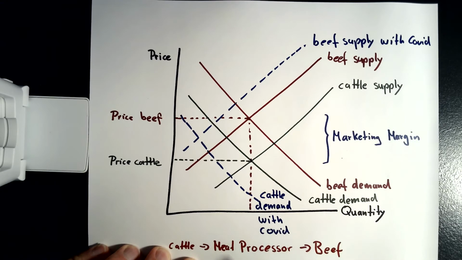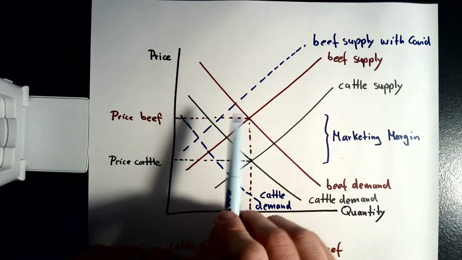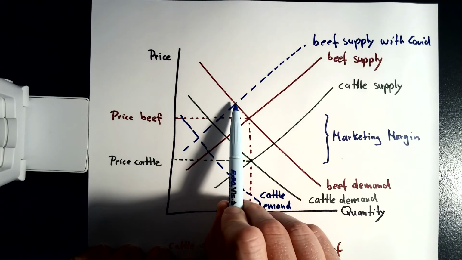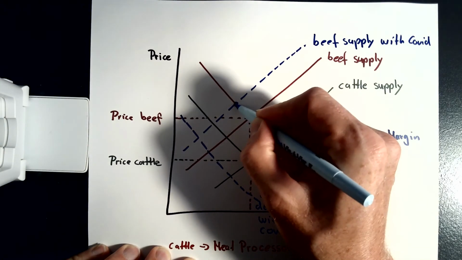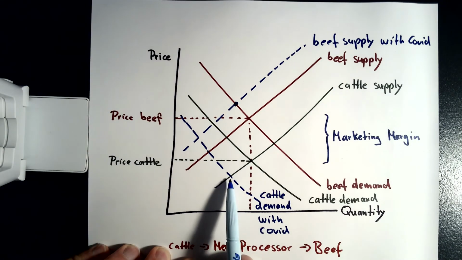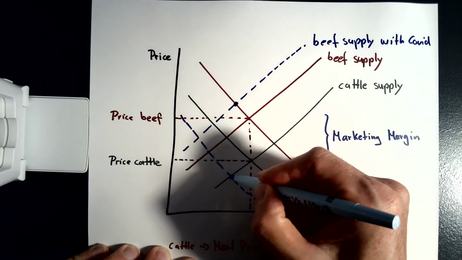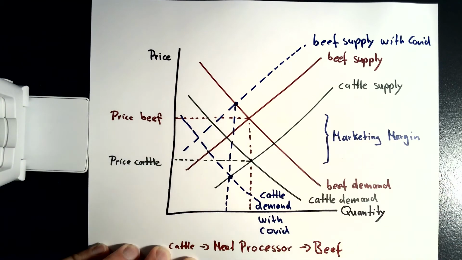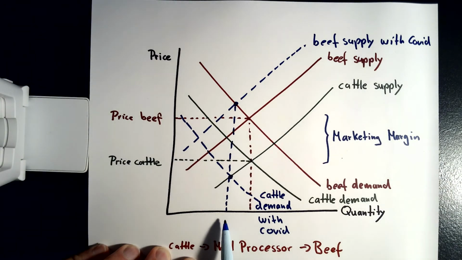Now what you can see is you have the new intersection between the beef supply and the beef demand, and you have the new intersection between the cattle demand and the cattle supply. So the new equilibrium with COVID has less beef and less cattle.